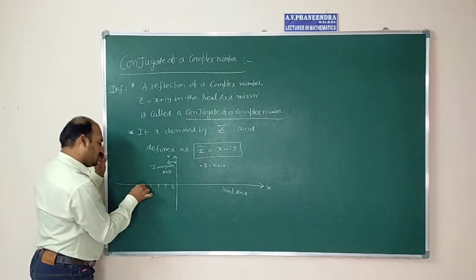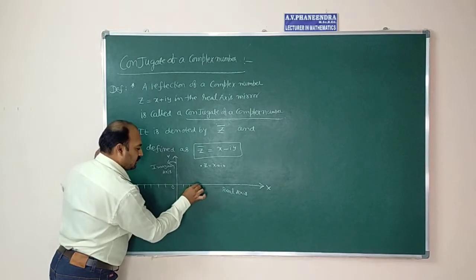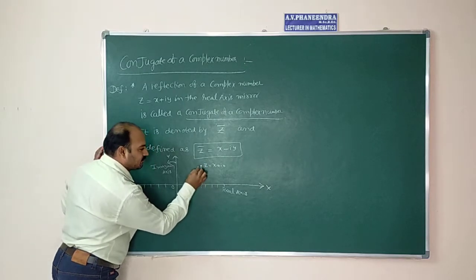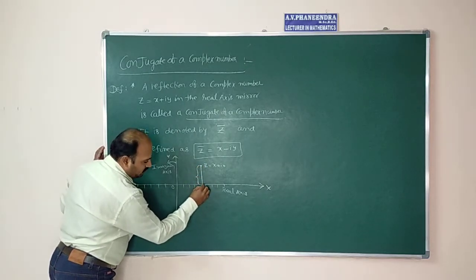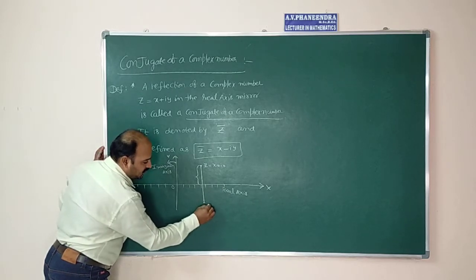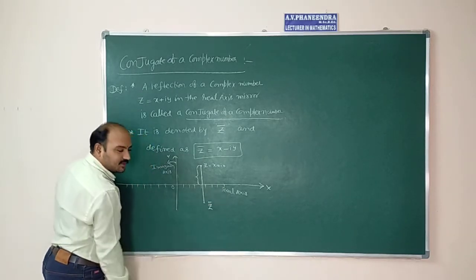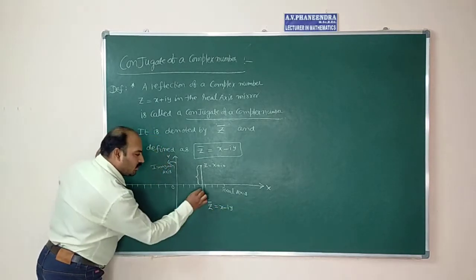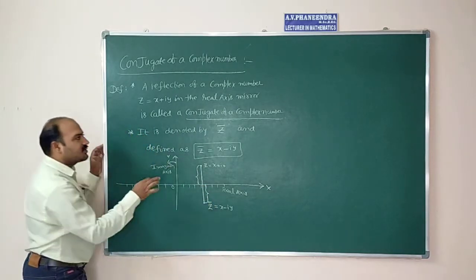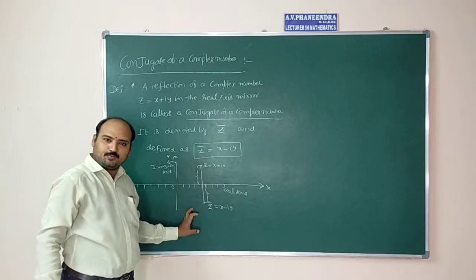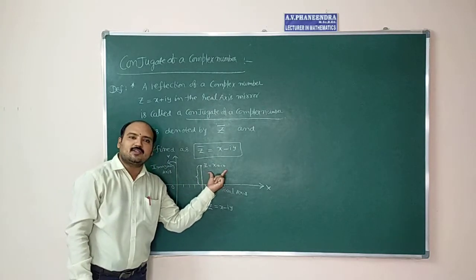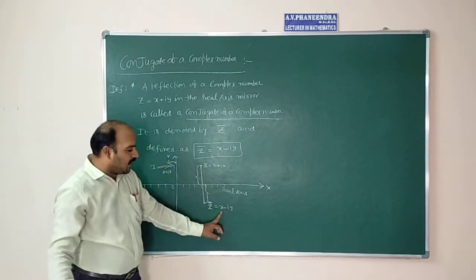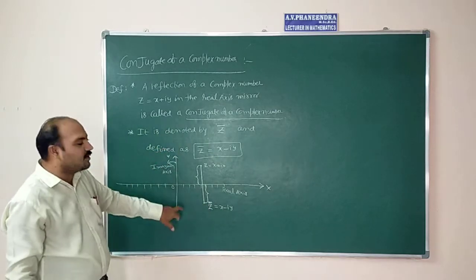From the real axis to here, how much distance will be there? This is the complex conjugate z bar, which is equal to x minus iy. Here also it is the same distance. The reflection means the same distance from these two. So z equal to x plus iy is a complex number, then its conjugate is defined as z bar equal to x minus iy. It is the representation in the diagram.